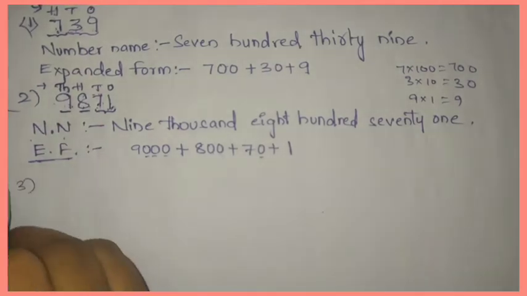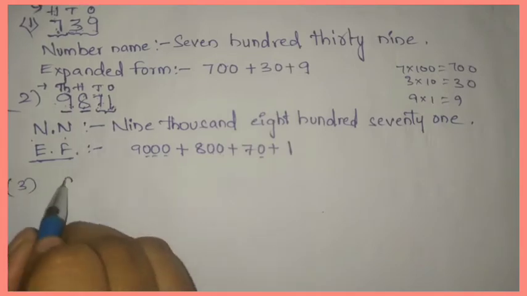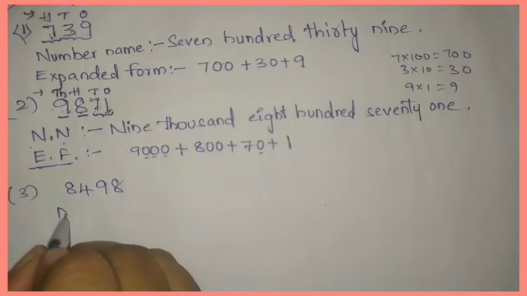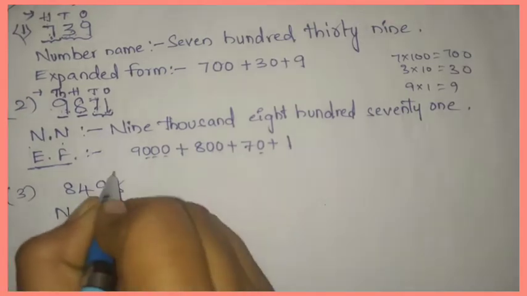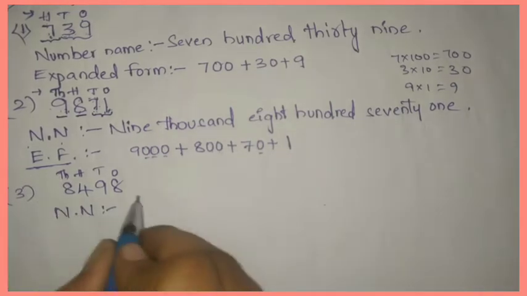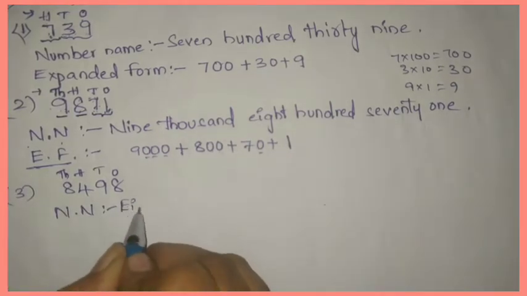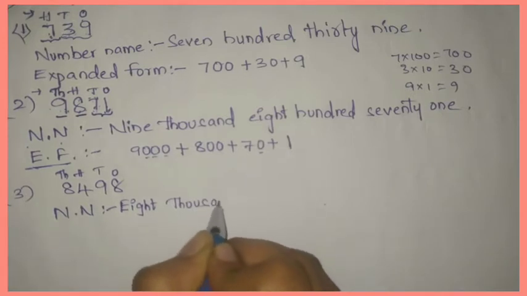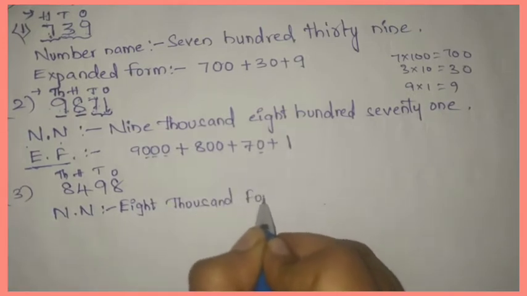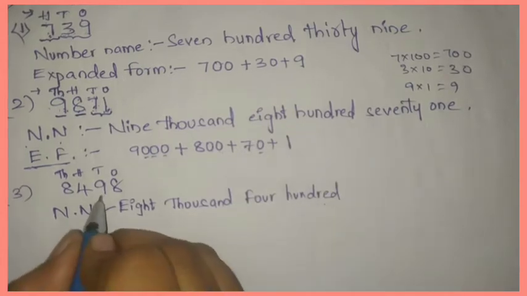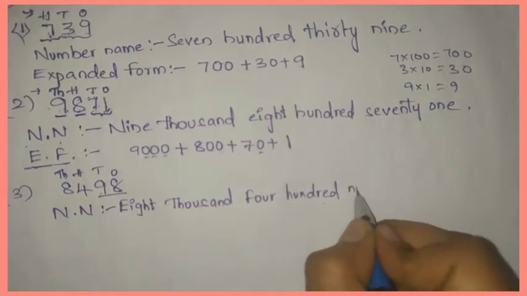One more example. Number name. Ones, tens, hundreds, thousands. How many thousands are here? 8. So 8,400. 8,498.